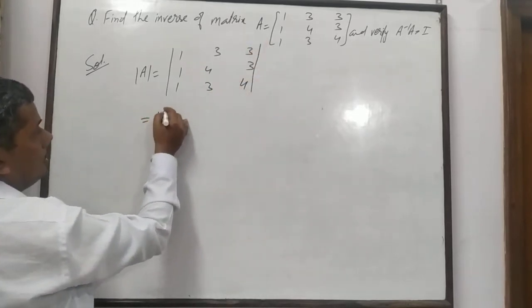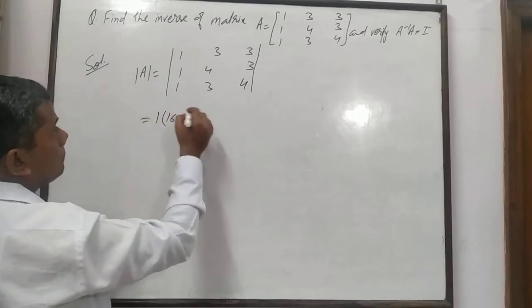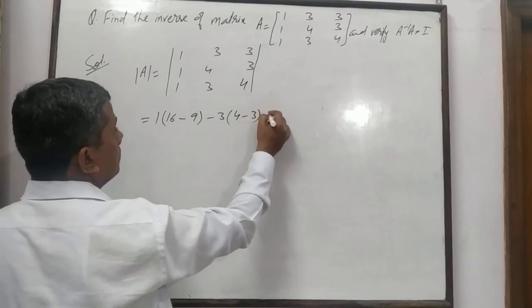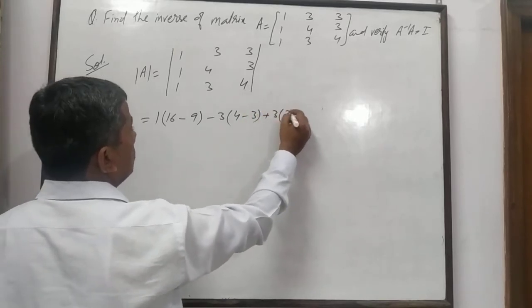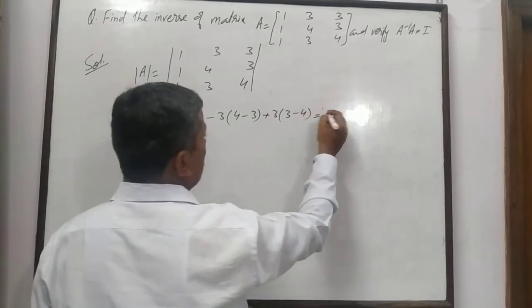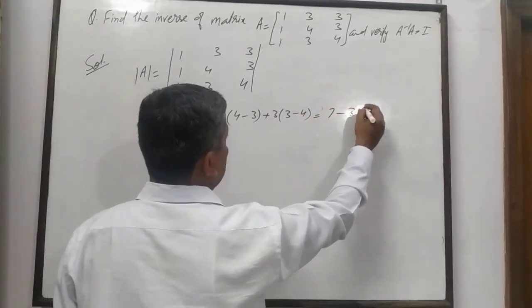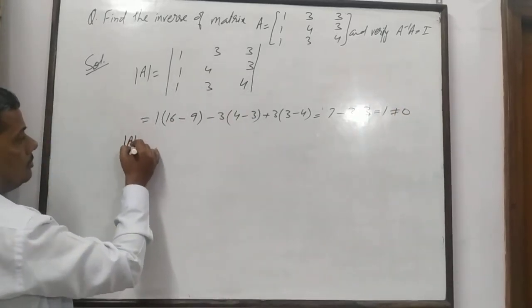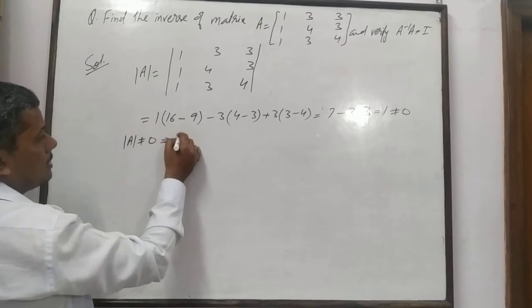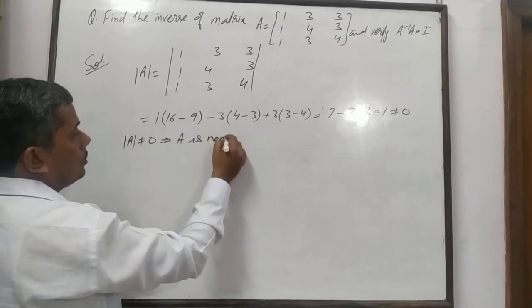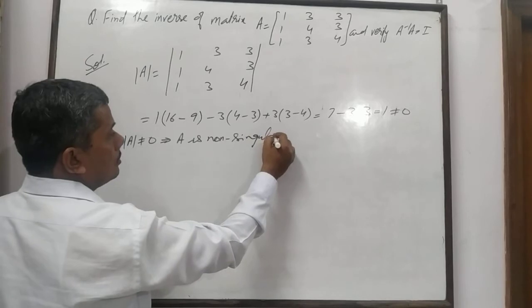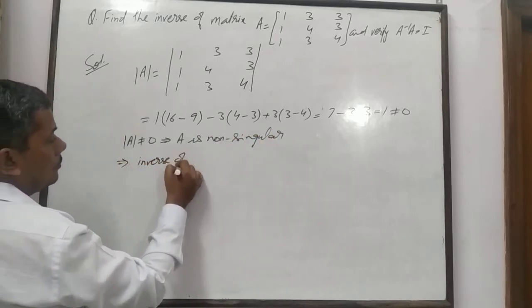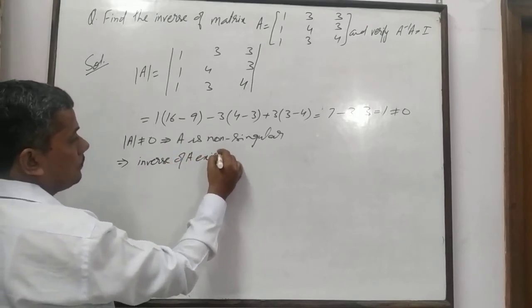So it is 1 into (16 minus 9) minus 3 into (4 minus 3) plus 3 into (3 minus 4), which comes out to be 7 minus 3 minus 3, equal to 1, not equal to 0. So clearly determinant A is not equal to 0, implies A is non-singular, implies inverse of A exists.